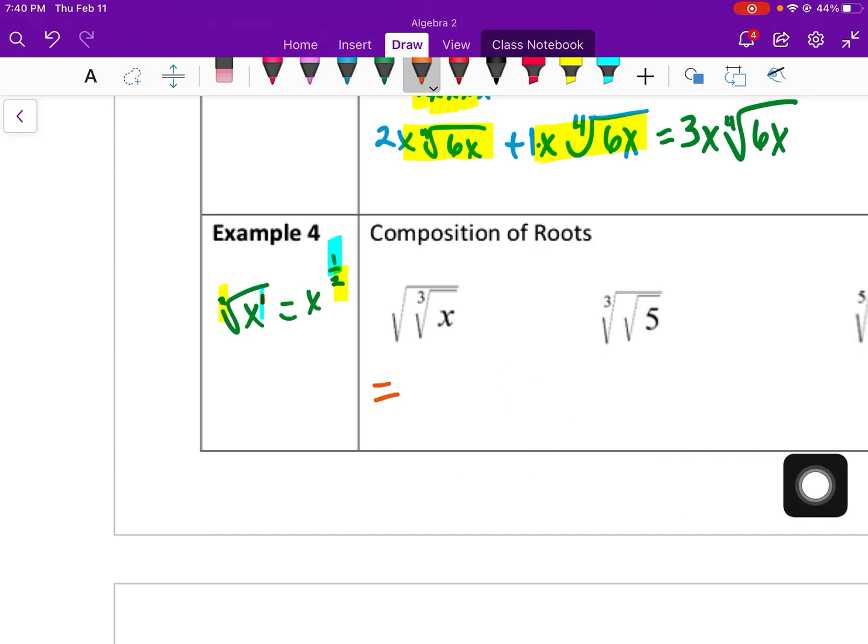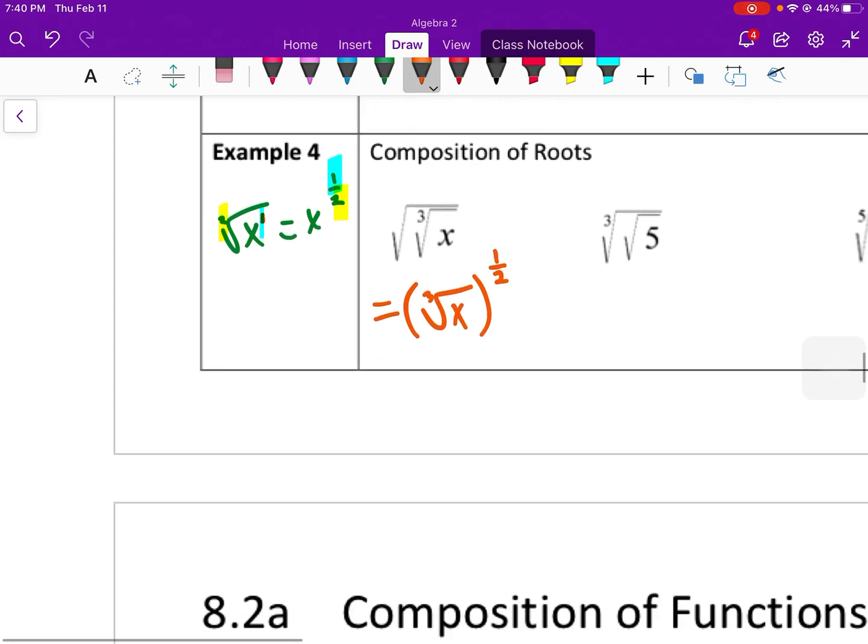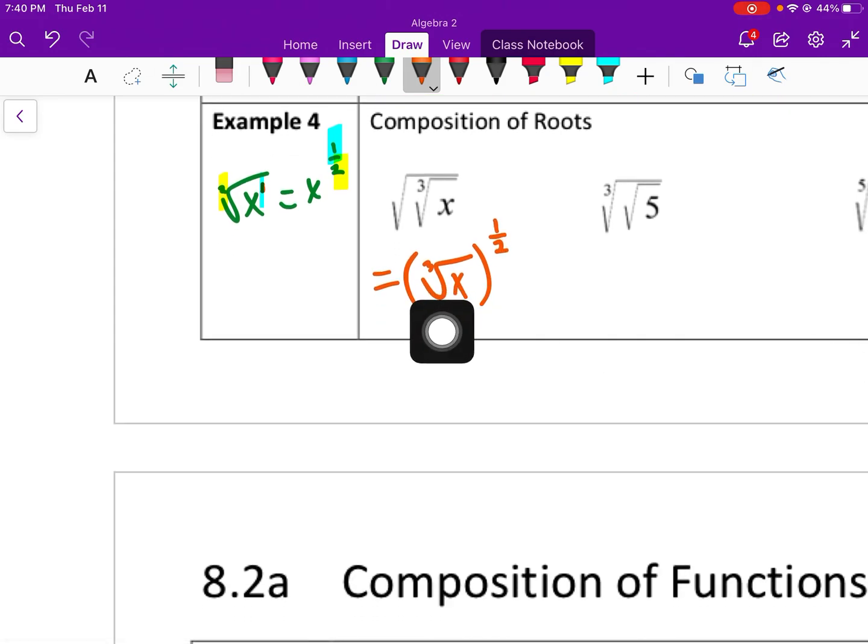So when we do this composition of roots, let's do the outside first. So the square root becomes that thing to the half power. So what's left on the inside? Cubed roots of x, and then the square root becomes to the half power.